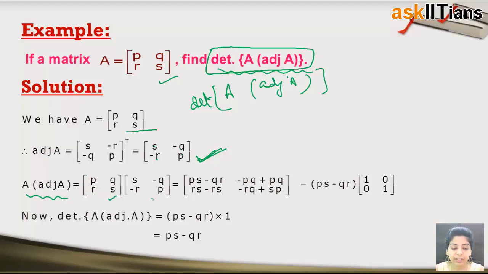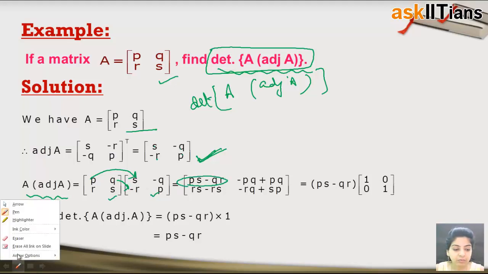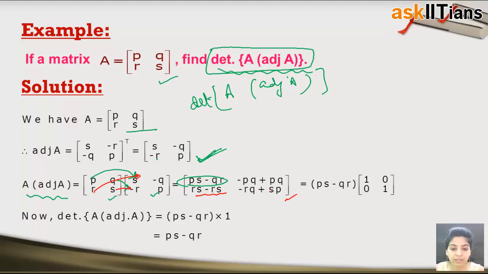So we get adjoint A as this, then you are to find out A into adjoint of A. So we have the matrix A, we have adjoint A, multiply these two again. How do you multiply? PS minus QR, this will give you the first term, and similarly you find out the second term, which is RS minus SR, this will give you this term. So similarly you obtain this.